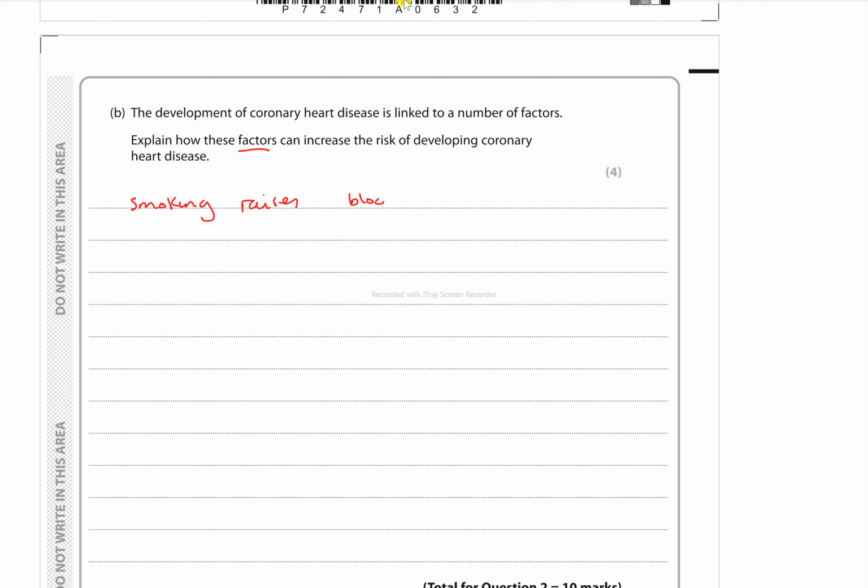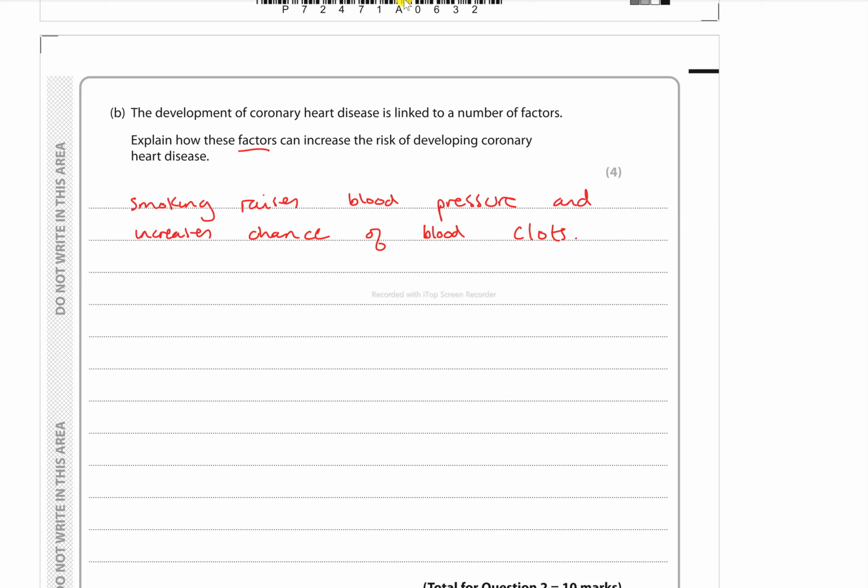Smoking raises blood pressure and increases chance of blood clots. Let's write that properly.